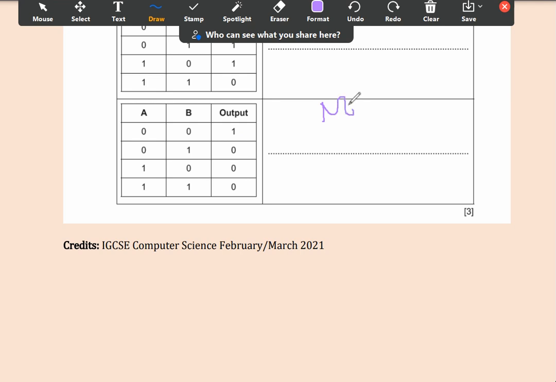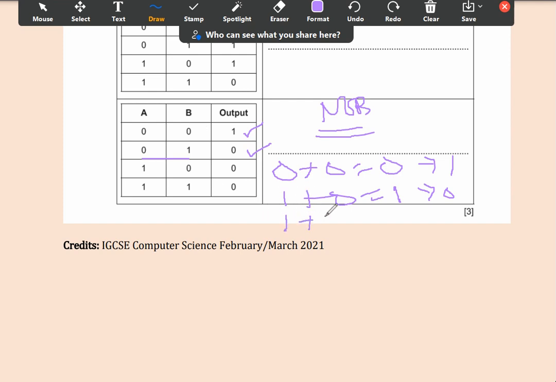How about the NOR gate? Let's try again the NOR gate. So we have 0 plus 0, that's 0. It must have 1 for the output. Let's check. Okay, next we have 1 plus 0, that's 1. It must have 0 for the output. Let's check again. Again, we have 0 plus 1 here, so I'll check.